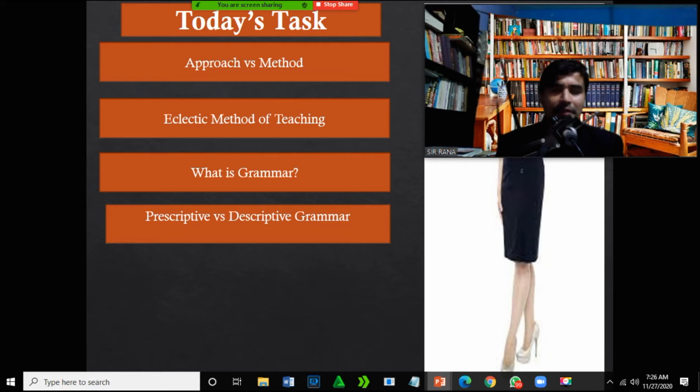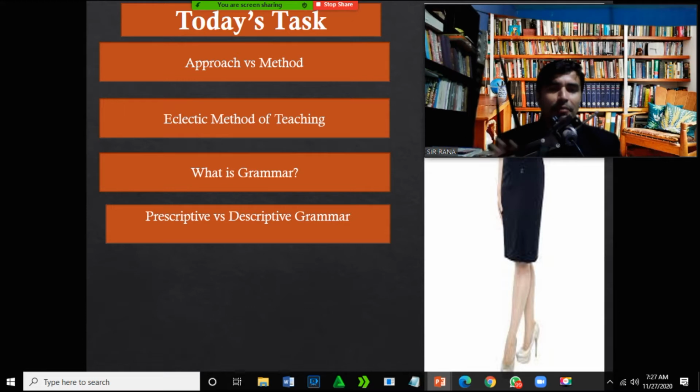Then we have descriptive grammar. Descriptive grammar focuses on the way people speak or use language. Whatever way they speak, the descriptive approach considers it a dialect of a certain language, a style of the language. They say that whatever people speak is good, because it is his or her style or dialect, so let them speak.